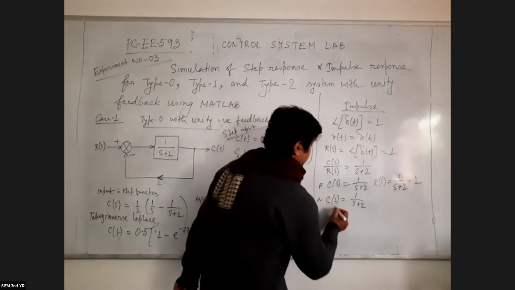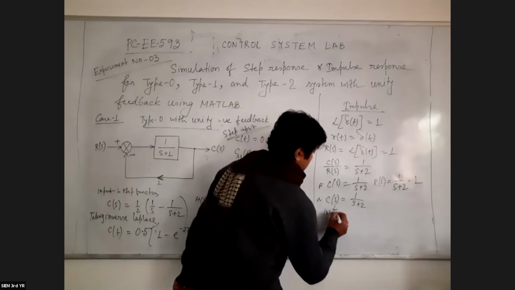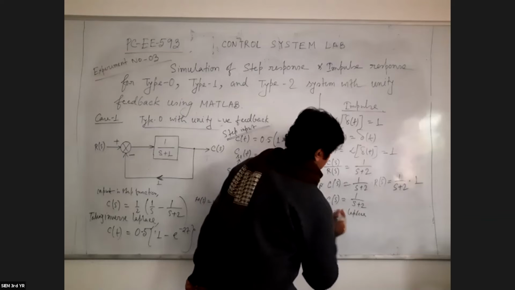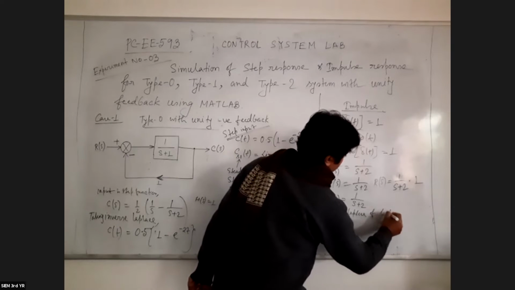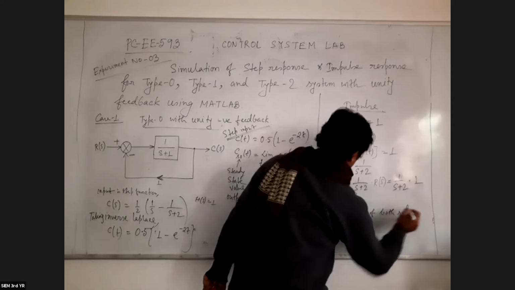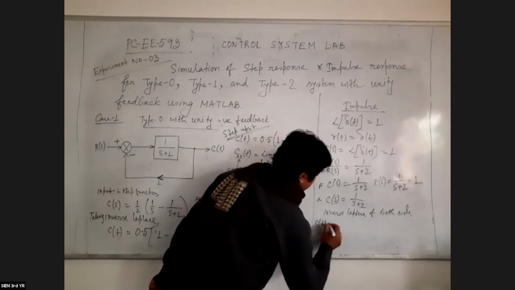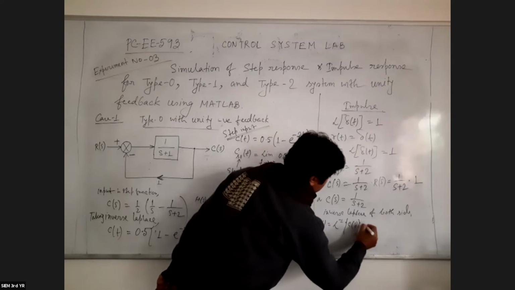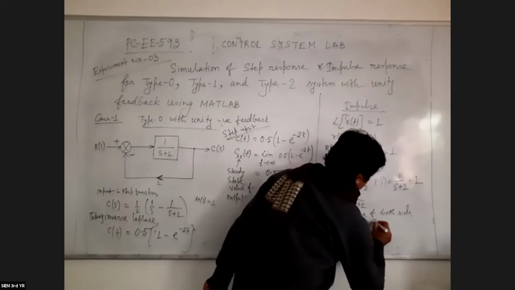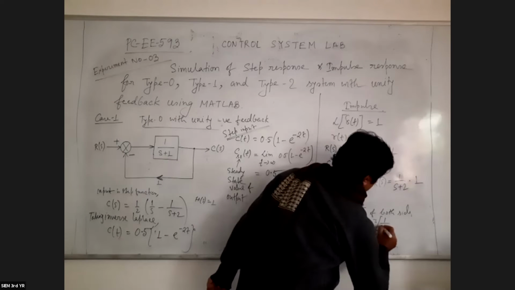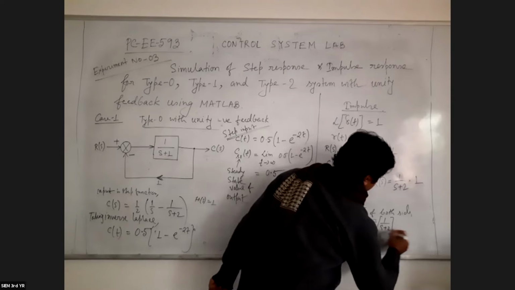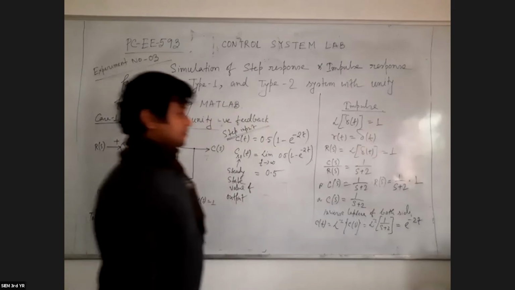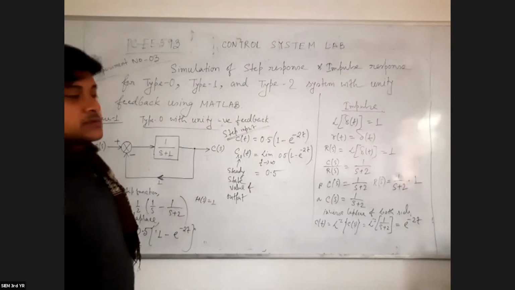And from here, if you take the inverse Laplace of both sides, c(t) will be equal to the inverse Laplace of C(s), which is the inverse Laplace of 1 by s plus 2, which will become e to the power minus 2t.